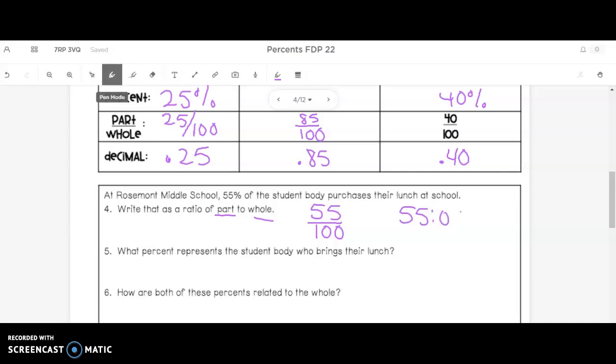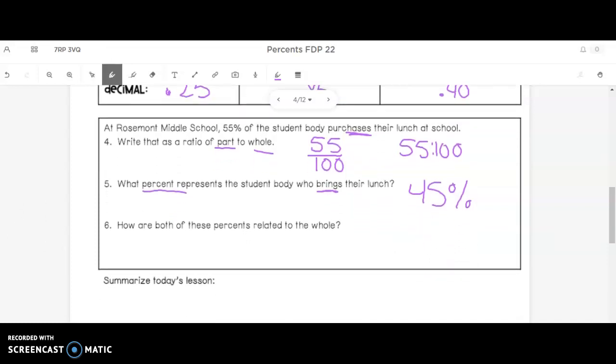It means the same thing. What percent represents the student body who brings their lunch? Well, this top one here is students who purchase lunch. Brings their lunch would be the remaining students, so 100 minus 55 would leave 45. And they wanted that as a percent. So 45% of the students bring their lunch.